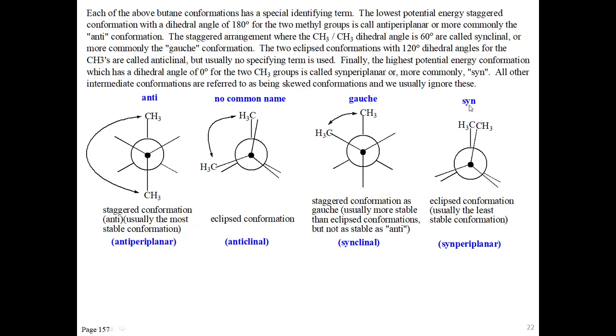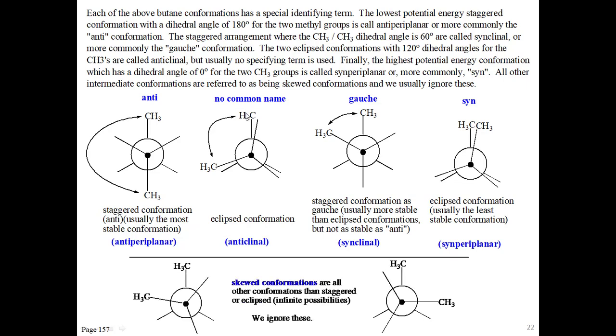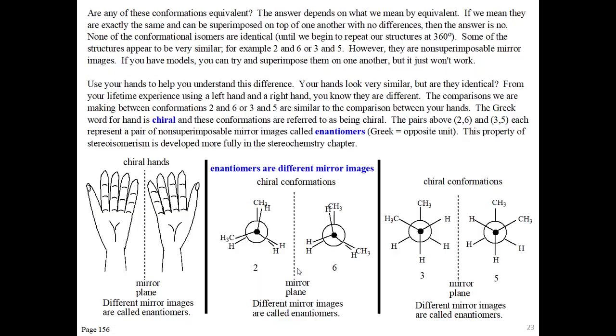So we just take the sin out of this one. We take the gauche, a totally different name, and then we call this anti. And then we never really refer to that one. Anything else that's in between, some other strange angle that we're not really talking about, is called skewed. So those are skewed conformations, but we won't actually use that term for our lesson here.